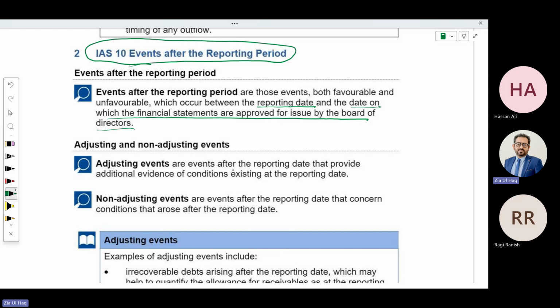Adjusting events are events after the reporting date that provide additional evidence of condition existing at the reporting date. Mean the events about which any condition exists at the reporting date. What does that mean? The events about which any account balance in the financial statements that need to be changed, that require to be changed, will be called adjusting.